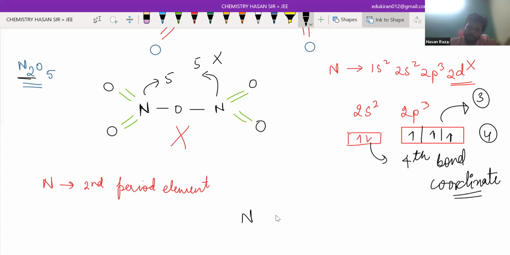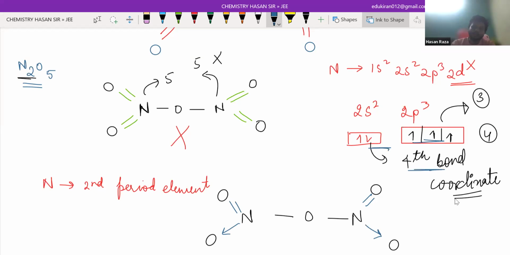So how will the structure be drawn? You can see it will be like this. Again, the oxygens will be divided in a similar way. One of the oxygens will make a double bond. Now you can see nitrogen is already making 3 bonds. The 4th bond will be a coordinate bond. As I already told you, nitrogen can make 4 bonds easily: 3 bonds from unpaired electrons, and the 4th bond will be what?